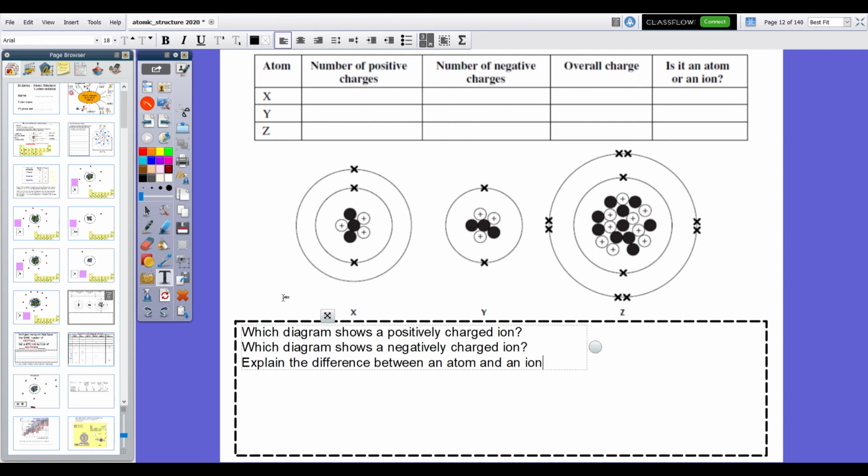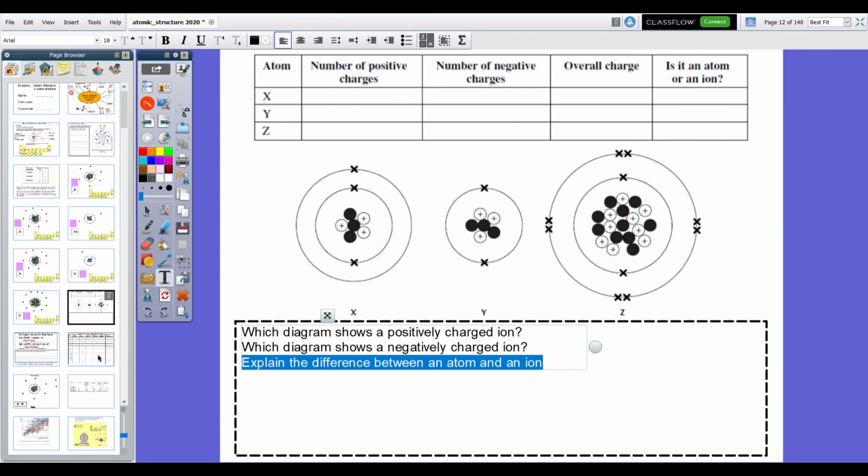Well, what you've got to do there is look at this diagram here, and if it's got more protons than electrons, or fewer protons than electrons, then that is what we call an ion. An ion is really an atom that's lost or gained an electron. So that's really what you could say there. An ion is an atom that has lost or gained an electron.